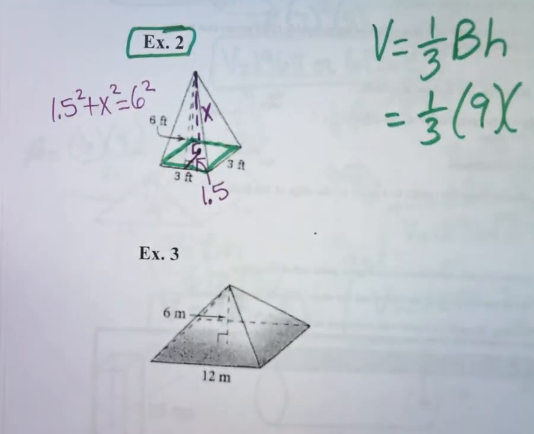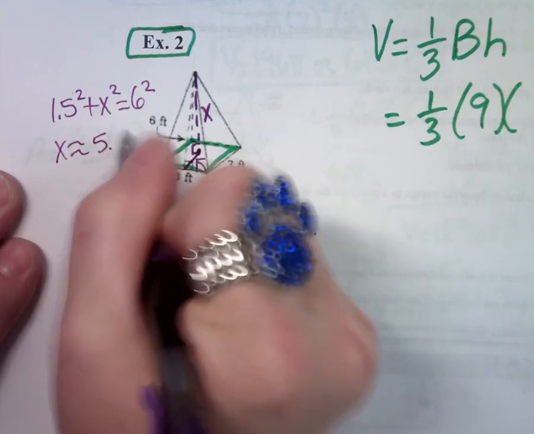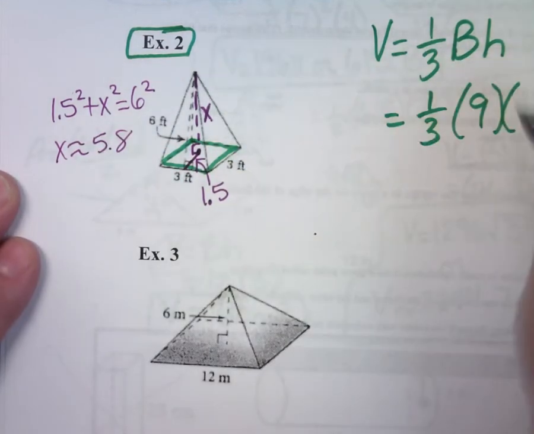Yeah. Okay, take a second and figure what that is to the nearest tenth. You have it? What do you have, Shreya? 5.8. Good. So we get x is about 5.8, and that actually is the height of the pyramid, so I'm going to put 5.8 here. Okay, and then take a second and calculate all of that, and let's see what you get.